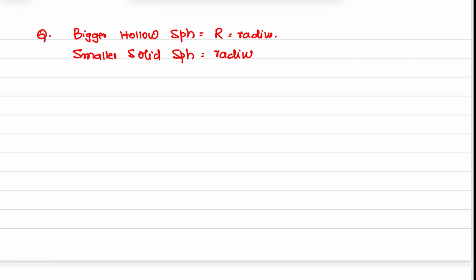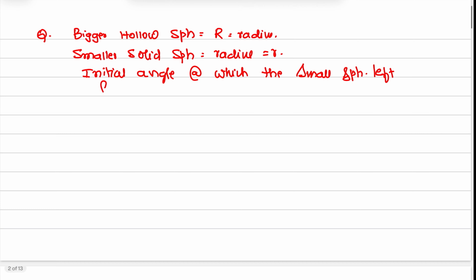The bigger hollow sphere has radius capital R, and the smaller solid sphere has radius small r. The initial angle at which the small sphere is left from rest is theta naught from the lowest point vertical axis.